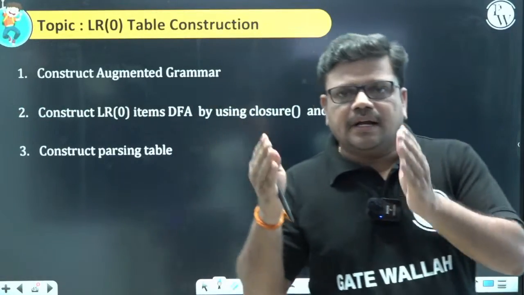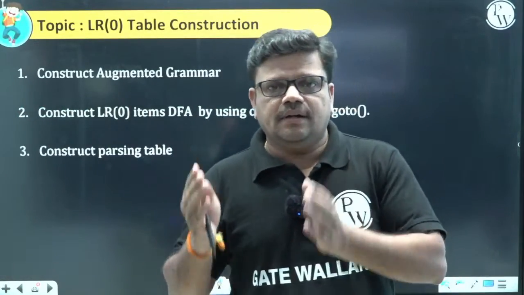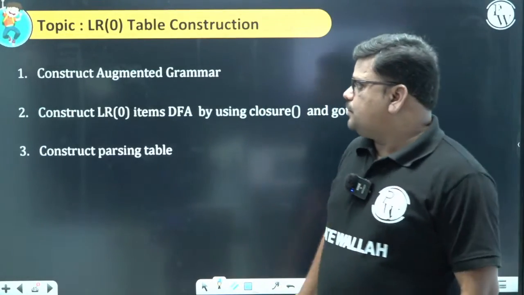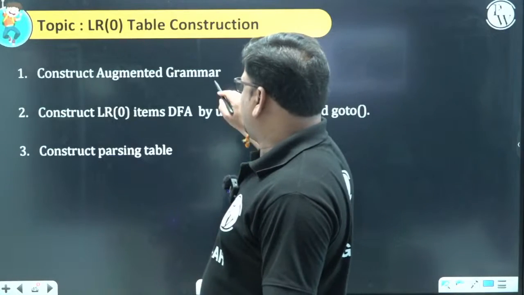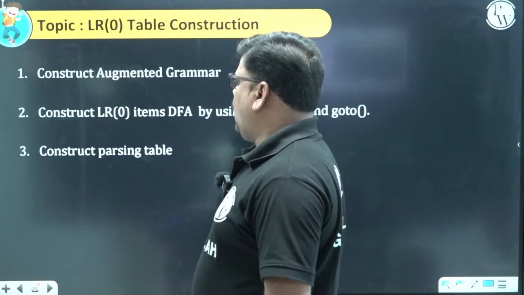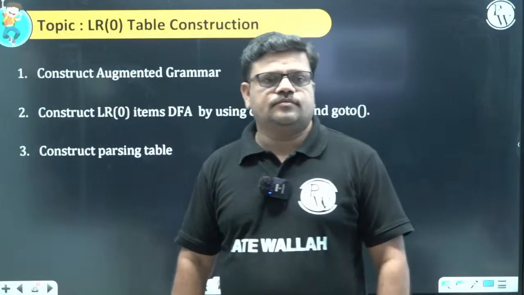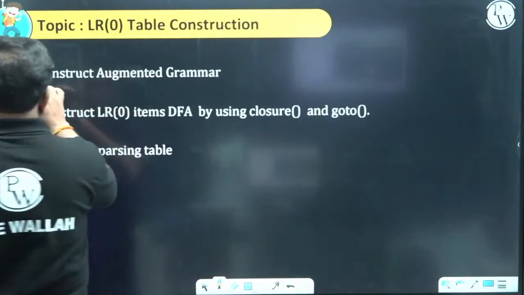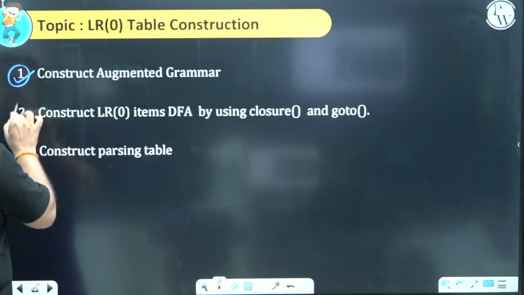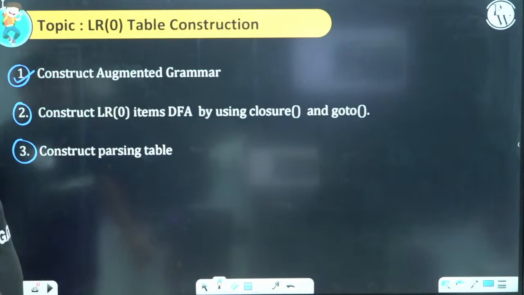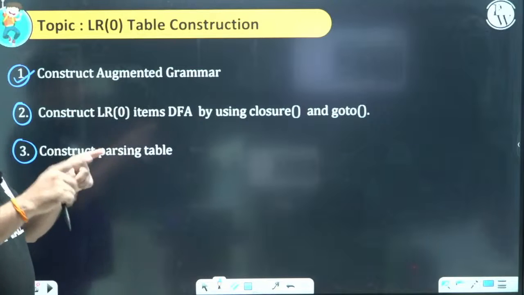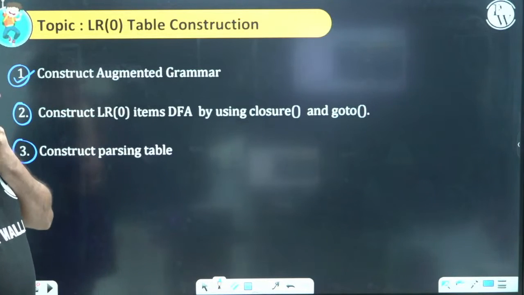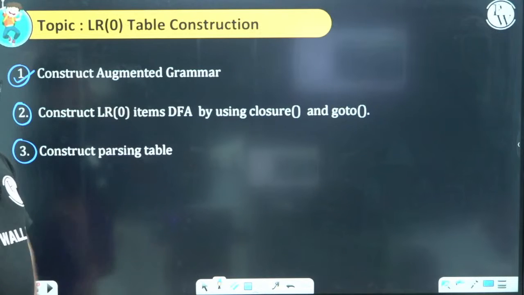So if any grammar is given, first we need to construct the augmented grammar. There are three steps to construct the table. I'll explain what the augmented grammar is and everything.